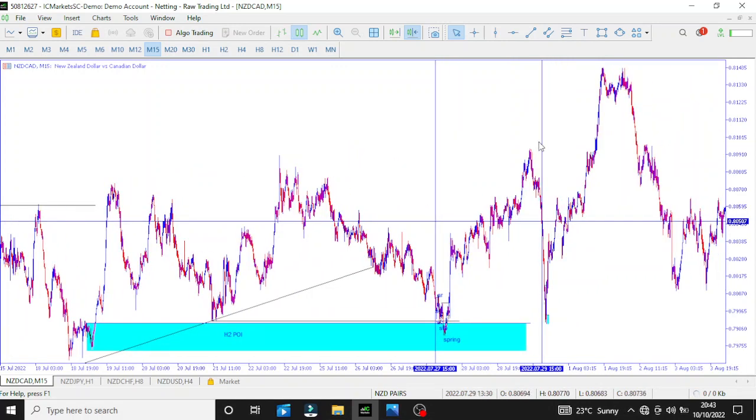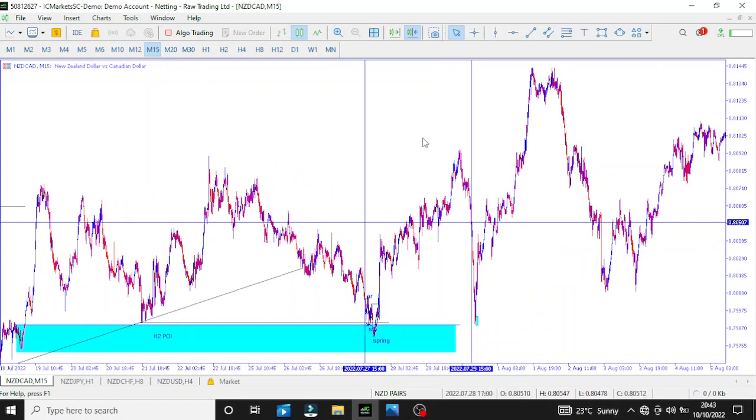After this entry, the price went on to create a new high and went back to our trading range. And this happened exactly during the New York session.